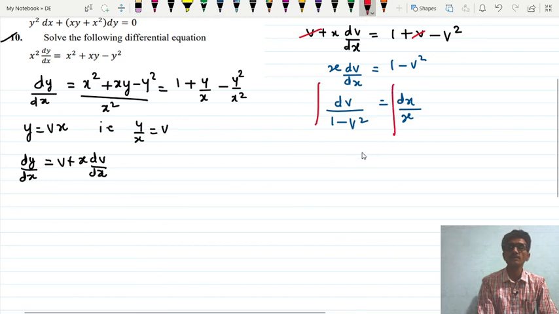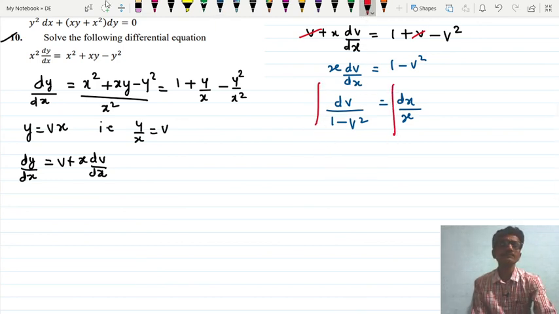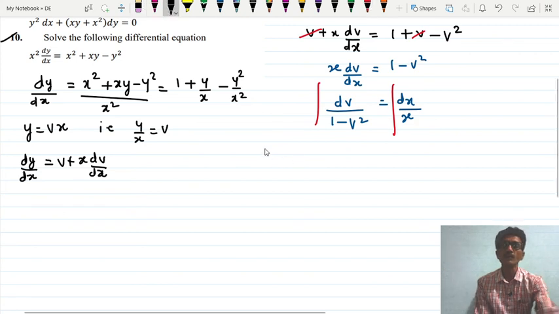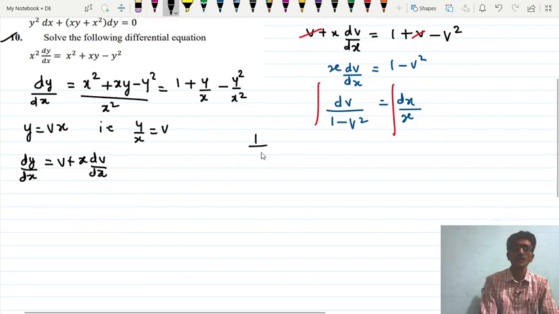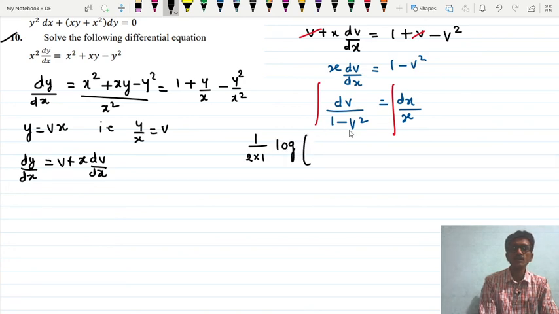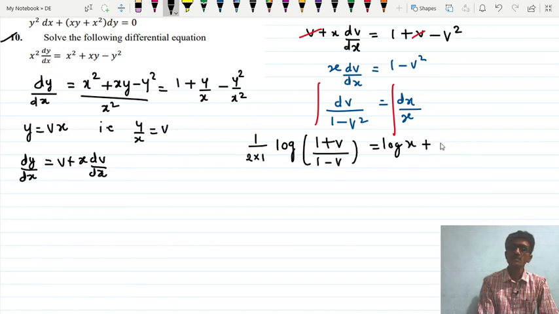Integration of dv upon 1 minus v square is equal to 1 upon 2 log of a plus x upon a minus x, that is 1 plus v upon 1 minus v, which is equal to log of x plus c dash, or log of c dash.